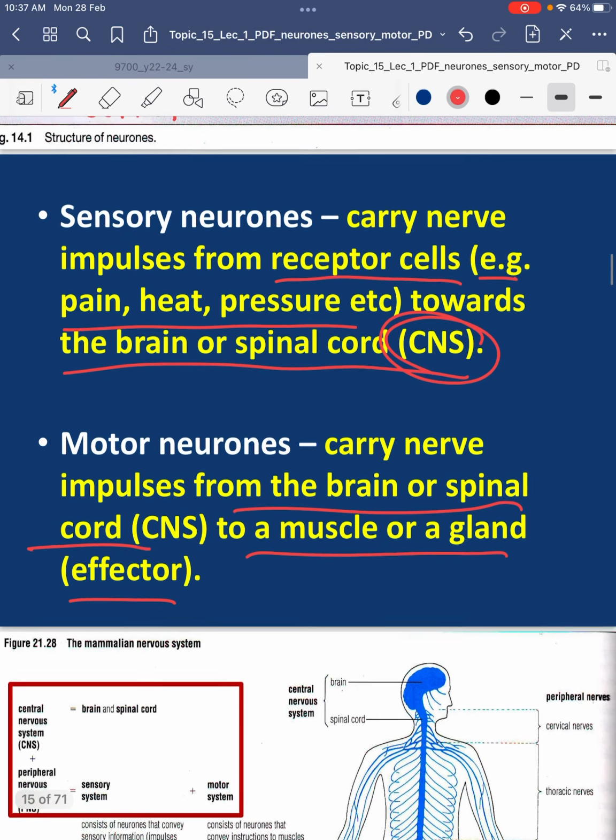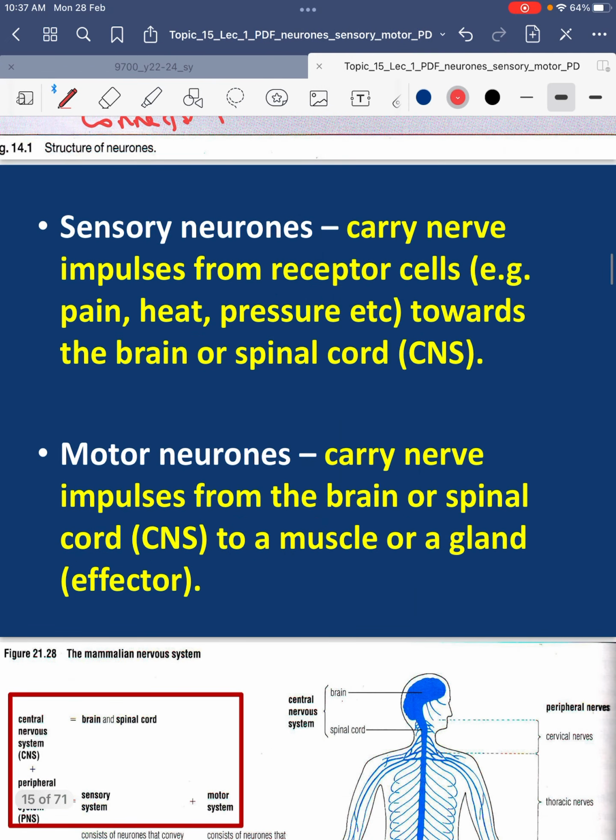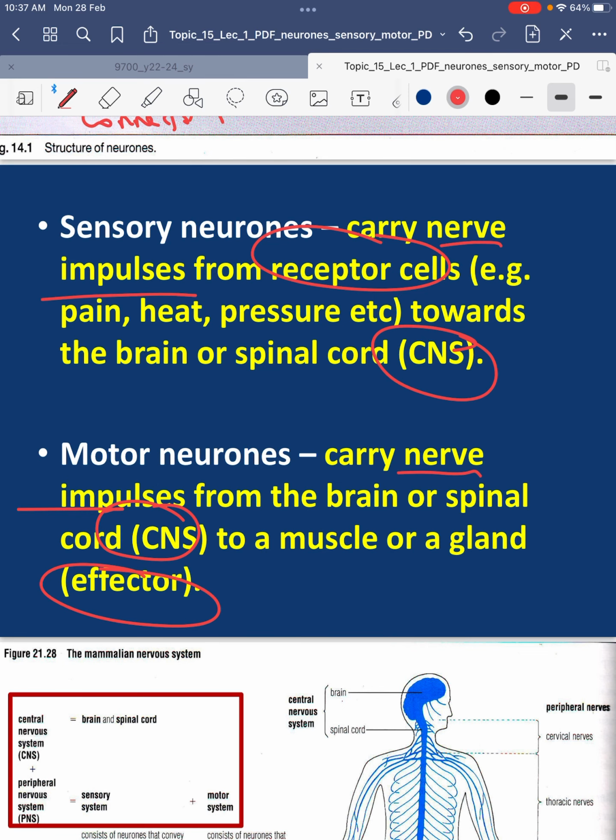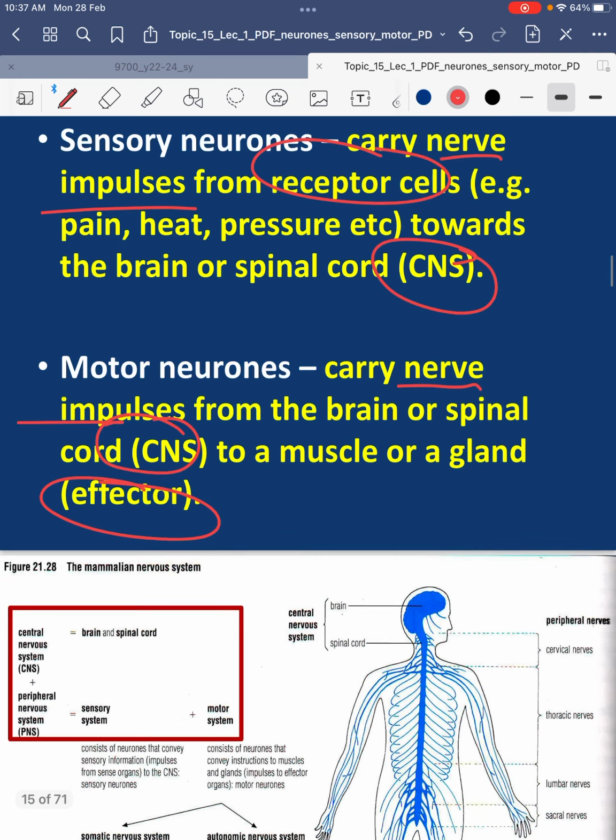There are a lot of keywords here. Receptor to CNS, CNS to effector. So what do they carry? Nerve impulse. Examples of effector include muscles and glands.